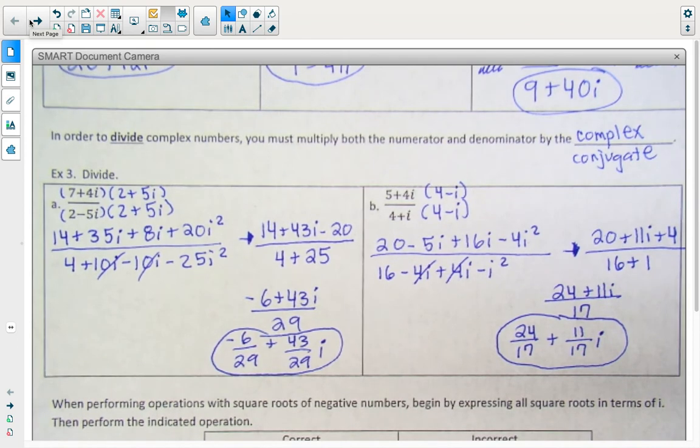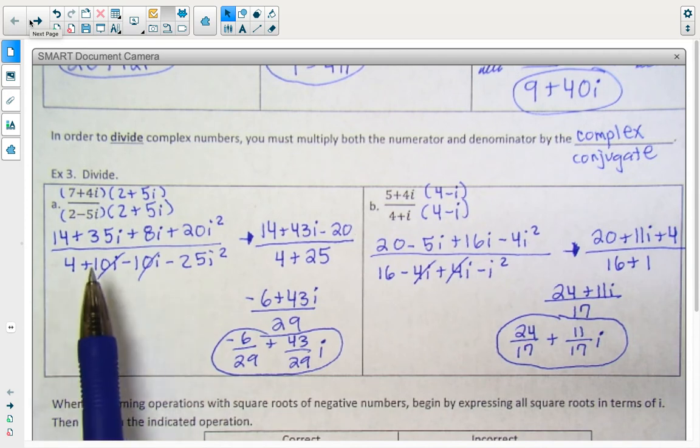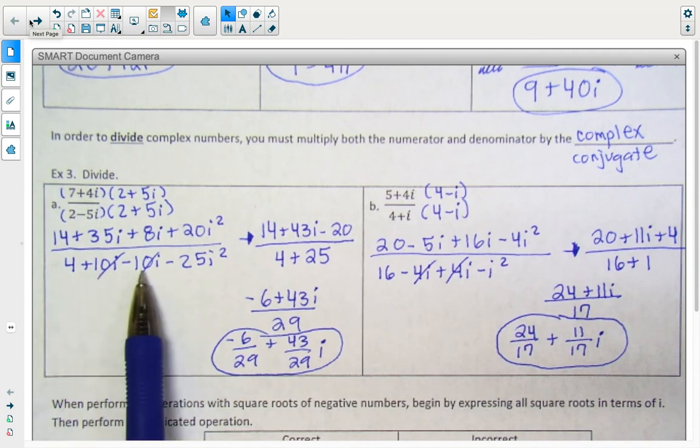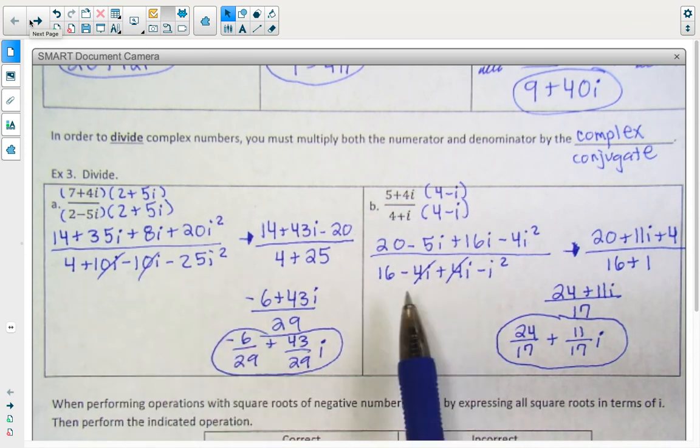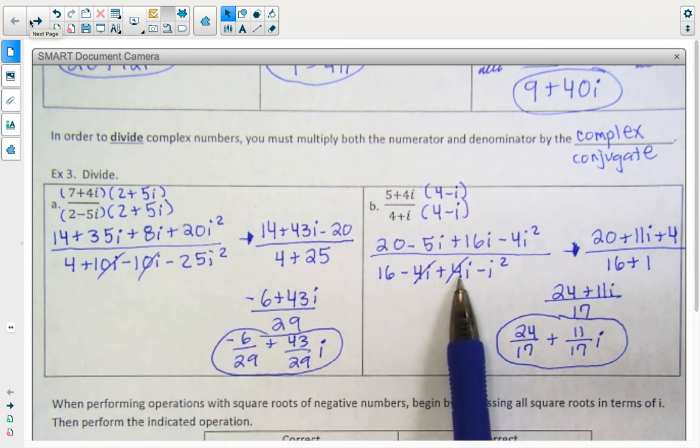Now, hopefully you do see a pattern, particularly in the denominator, that I want to point out. When you multiply by complex conjugates, your inside terms are going to cancel out. And what I mean by that, if I look here, I have positive 10i, negative 10i. They cancel. Negative 4i, positive 4i. They cancel.